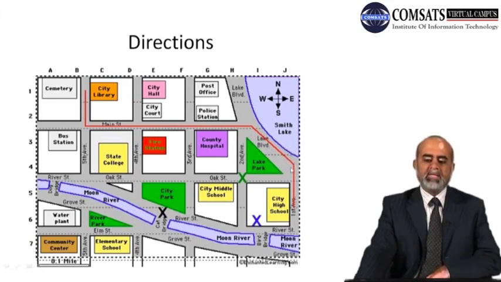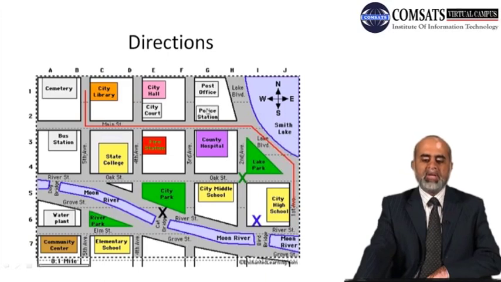And for that you can say first, second, third, or you can say go straight ahead until you find a lake in front of you. Then turn left along the park. And then turn left into the first road that you see. Okay?